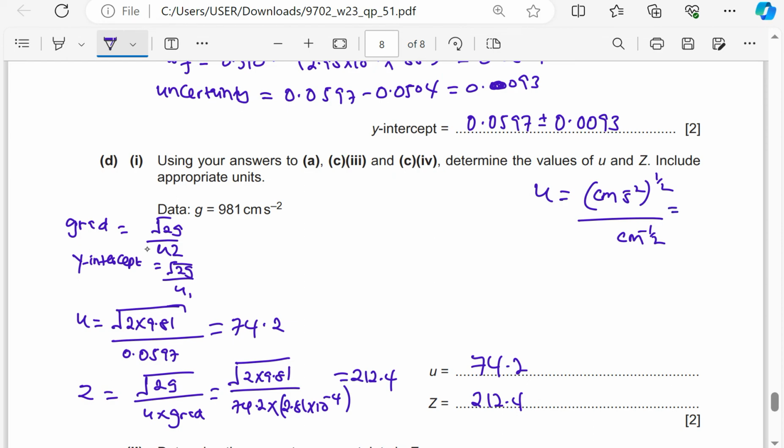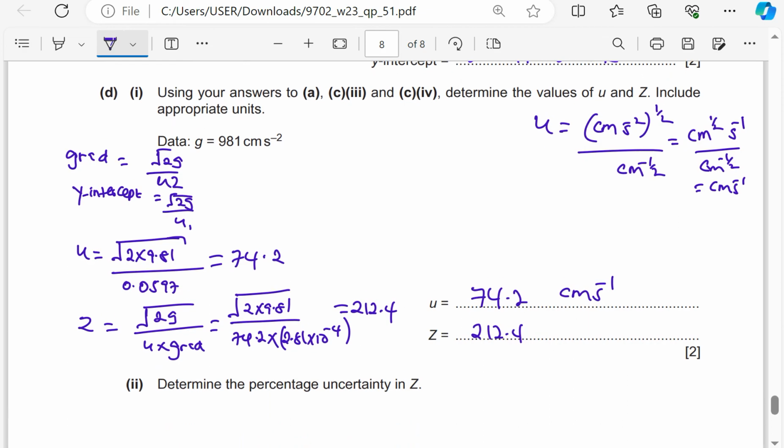So when I open this bracket, it is centimeters power a half times s power minus 1 divided by centimeters power minus a half. A half minus minus a half becomes power 1. So the units here are going to be centimeters per second.